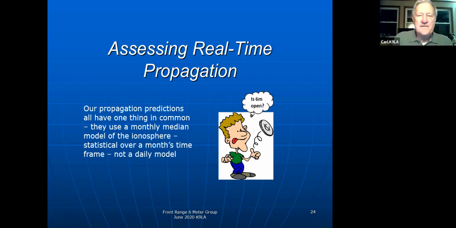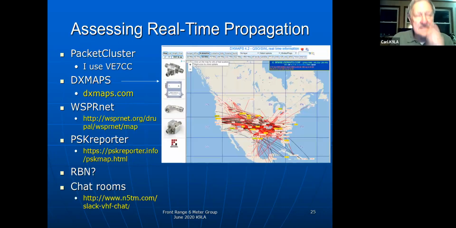I'm sure you guys have probably used all these. I use PacketCluster a lot, but then I go to DX Maps. That was just a couple of weeks ago. As you can see, the southern tier of states are roaring with ES, and of course, me up there under Lake Michigan, and well, maybe Dana might have had something up in VE3 land, who knows.